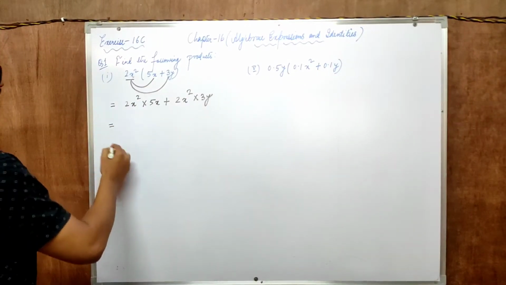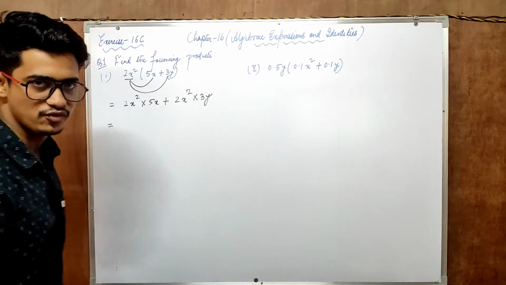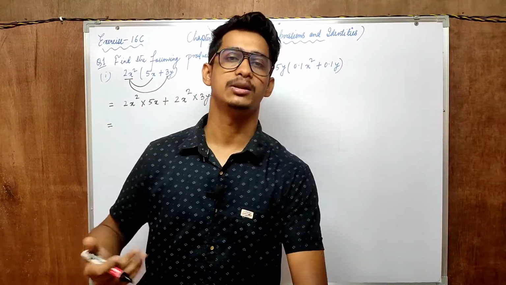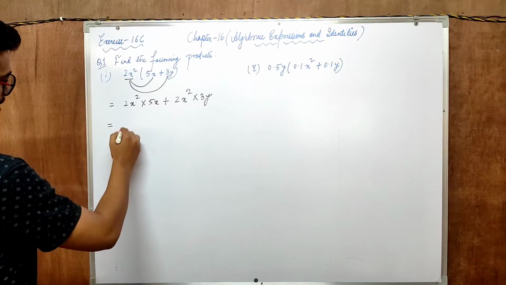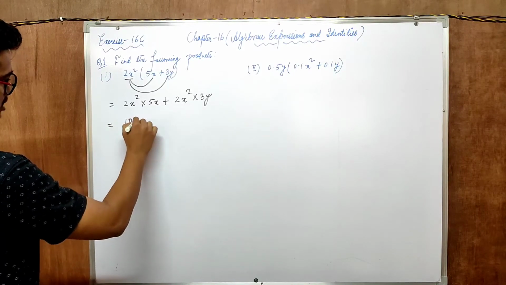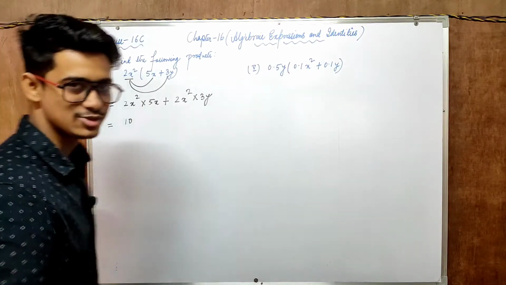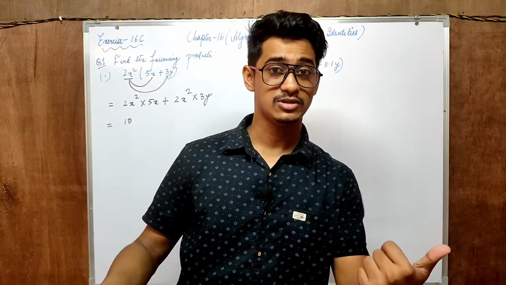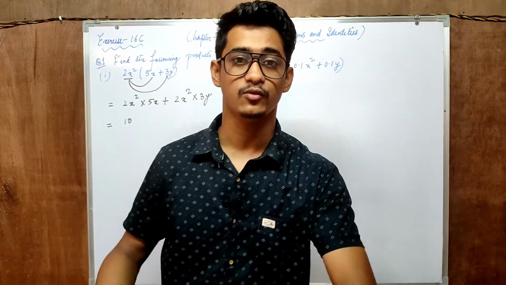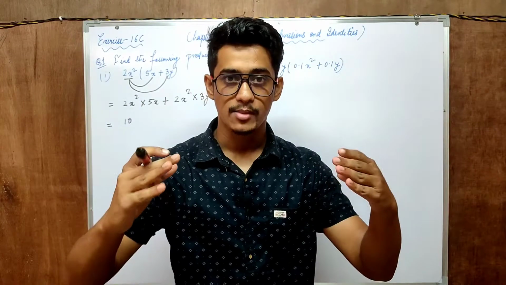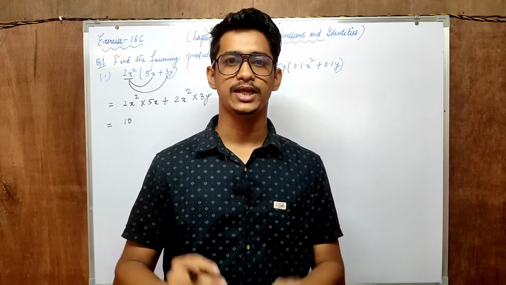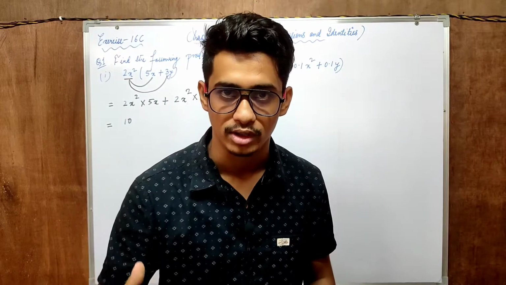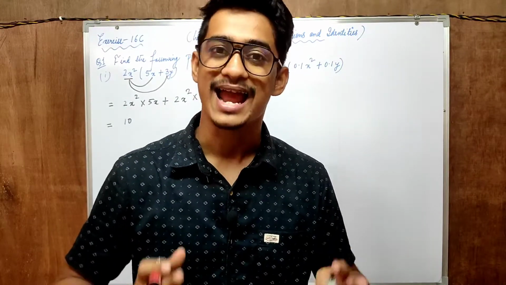What is the process? I know that coefficient will be multiplied with the coefficient and the variable part should be multiplied with the variable part. That's it. So now 2 into 5 is 10 and x square into x. X square into x means what? In the previous video I have already explained that when we are talking about multiplication of variables, or any numbers which have power, then the power gets added up.